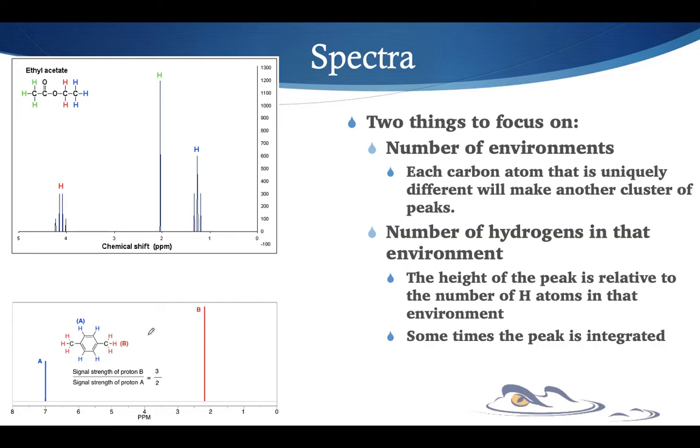So in these spectra that you analyze here, I want you to focus on two things, all right? These are the two things we're going to get out of it. And one of the problems that beginning students have with this is that they spend too much time trying to figure out, okay, this is a shift of about 1.2, so I wonder what that is.